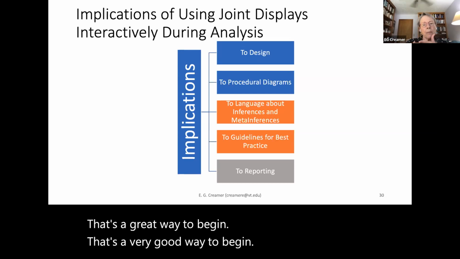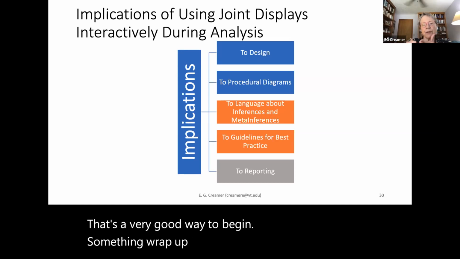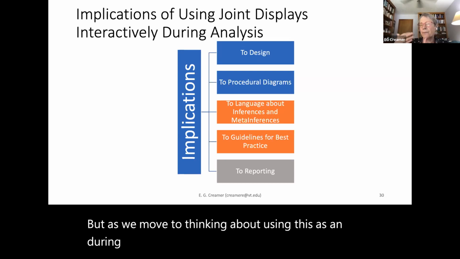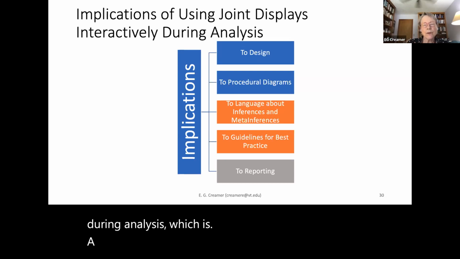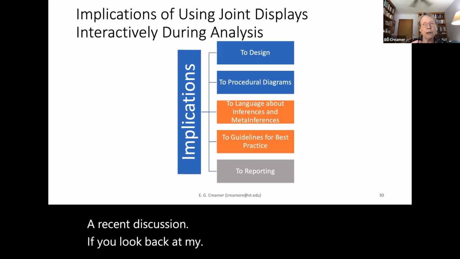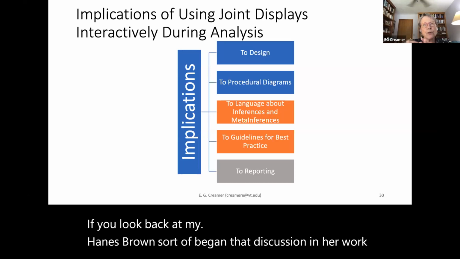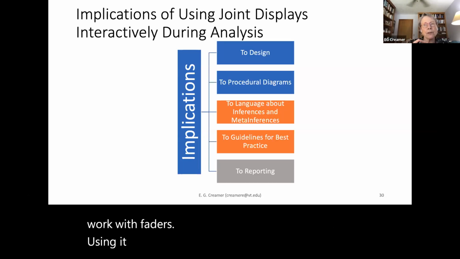So let me wrap up with just some suggestions. As we move to thinking about using this during analysis, which is a recent discussion, if you look back at my timeline, Haynes Brown sort of began that discussion in her work with Fetters, using it for case-based analysis.